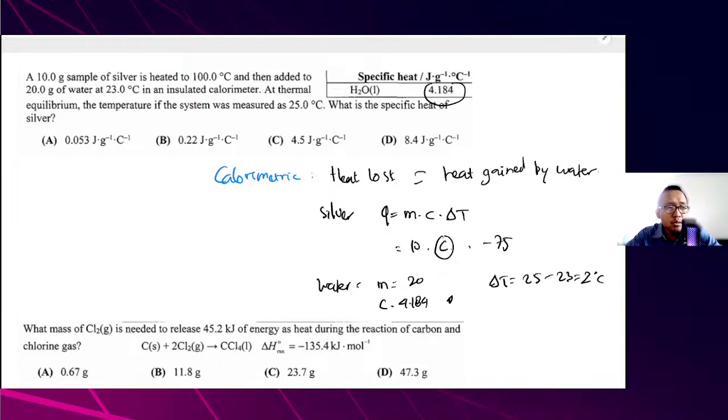All right, so let's move on to another equation. Like I mentioned, guys, heat loss will be the same as heat gain.